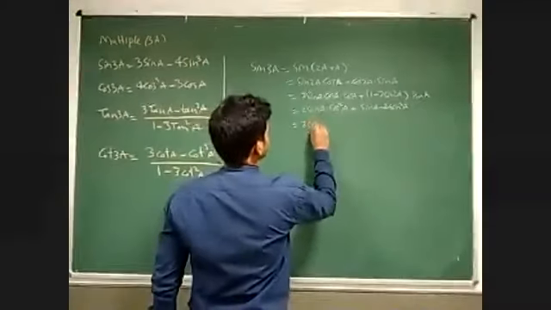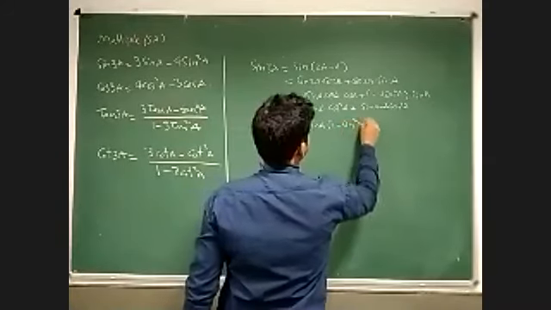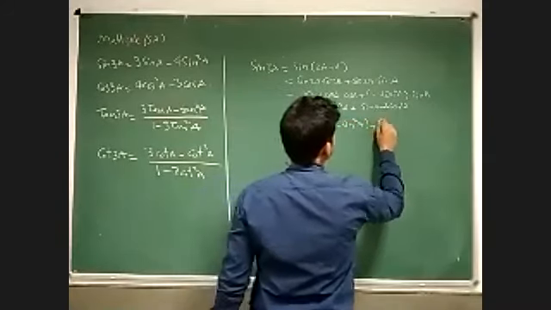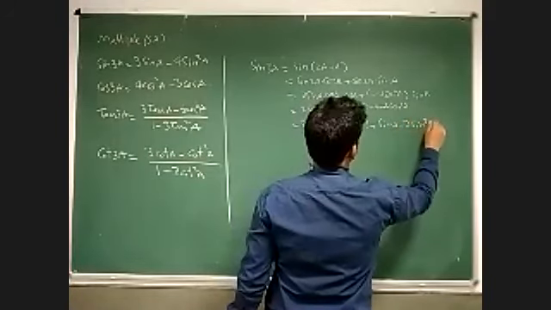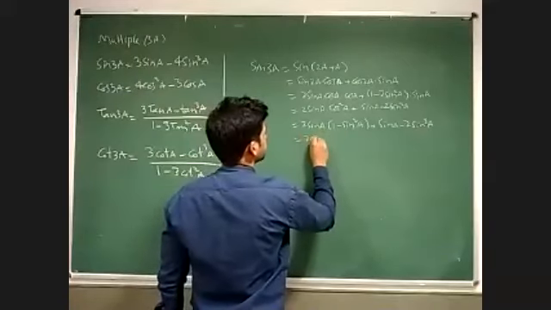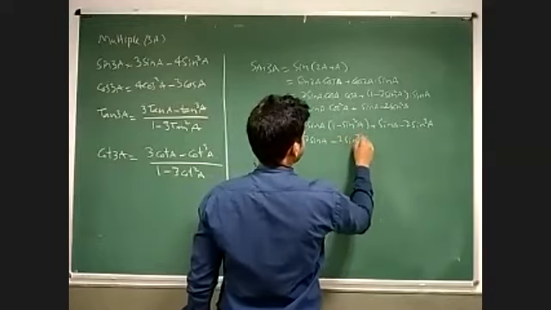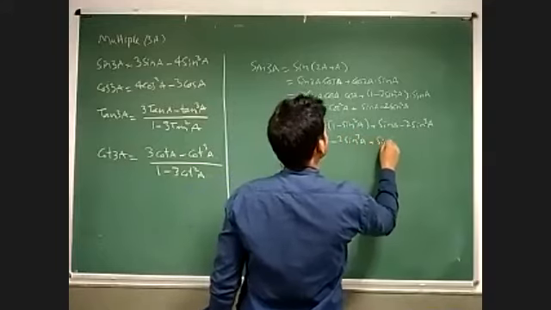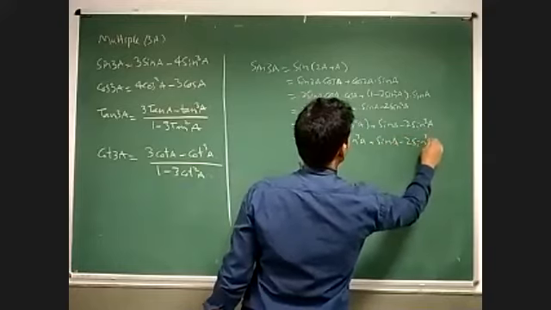Then 2 sin A into 1 minus sin square A plus sin A minus 2 sin cube A, right? Just multiply 2 sin A, then here 2 sin A minus 2 sin cube A plus sin A minus 2 sin cube A.